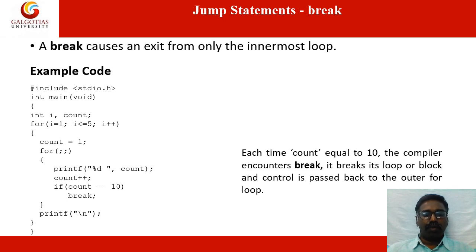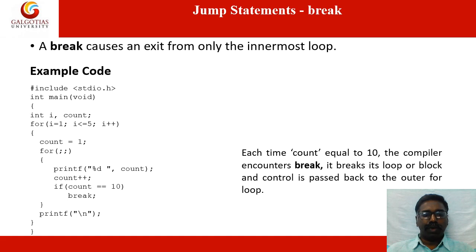Now inside the for loop we are having count is equal to 1, and then there is another for loop with only two semicolons inside that. This is an unconditional for loop, an indefinite for loop. No checking condition, no increment operator, nothing is given here, so that is the meaning of an undetermined for loop.